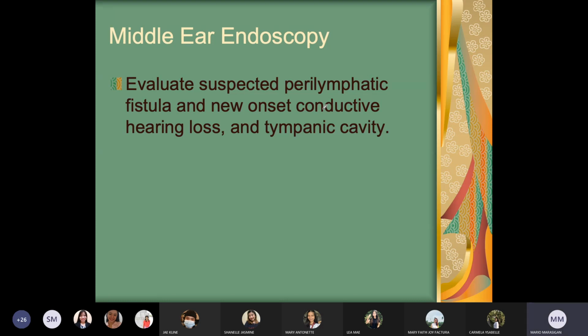So the tympanic membrane is anesthetized topically about 10 minutes before the procedure. Then the external auditory canal will be irrigated with normal saline. With the aid of a microscope, a tympanotomy is created, bubutasan yung eardrum, with a laser beam or a myringotomy knife, so that the endoscope can be inserted going to the middle ear cavity.